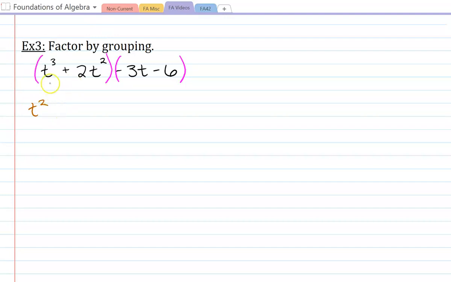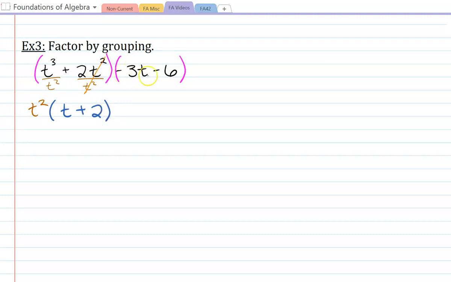And divide each of our terms here by that GCF. What do we get for our leftovers? Subtract the exponent, so 3 minus 2 would be just t to the first, or just t, plus 2, and anything over itself is 1, so those two t squareds cancel.